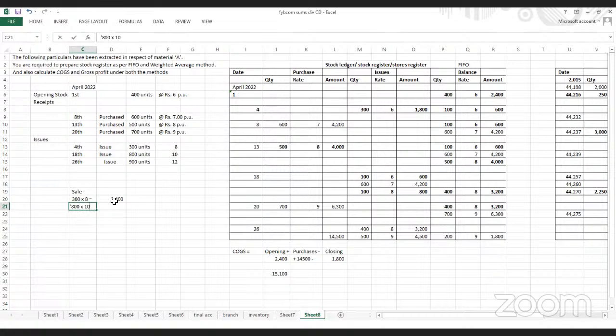If in the question they have given you issue rate or selling price, it will be used for only calculating GP. Don't use them in table. In the issue, if they give you this rate, it is not useful in making the register. Never use them while making any entry in the register. They will be used only for calculating gross profit, which I am going to calculate now.